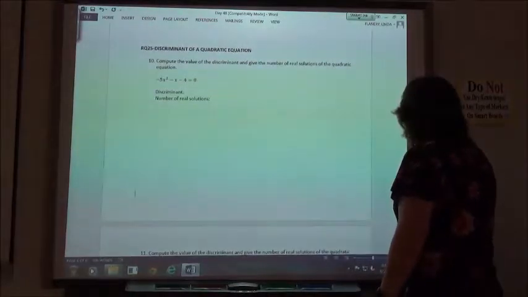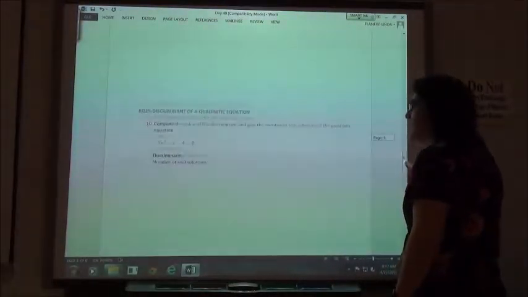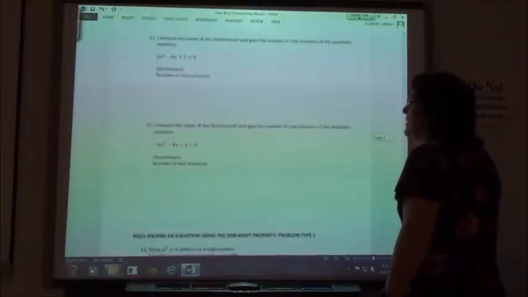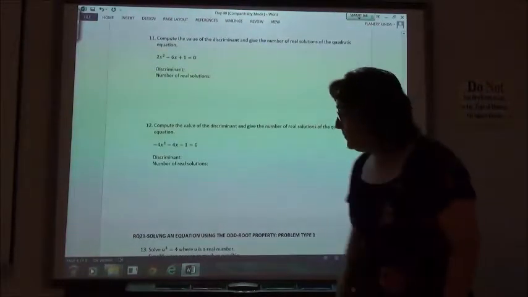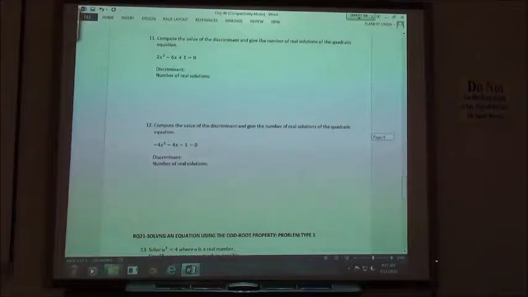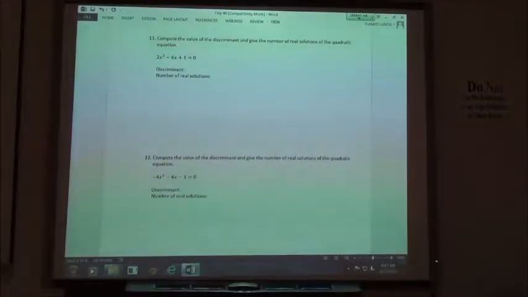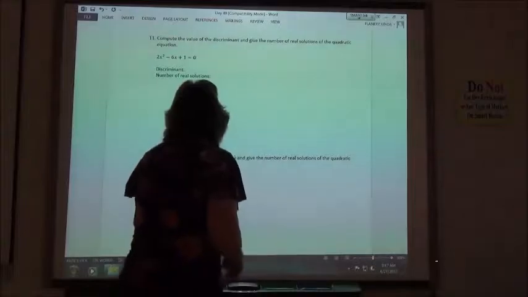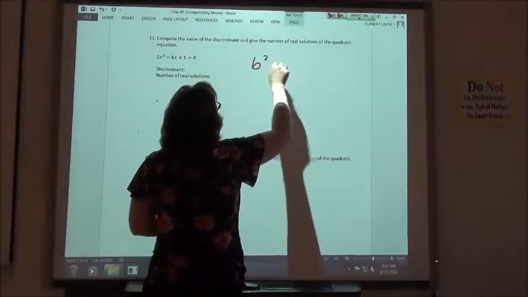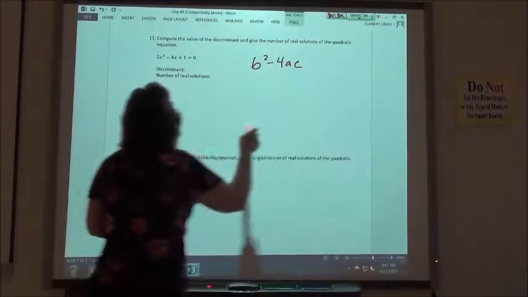And I'm going to go to number 11 here. Again, I'm just going to add a little more space. Calculate the discriminant and determine how many solutions. So I'm going to do the b squared minus 4ac part of it.